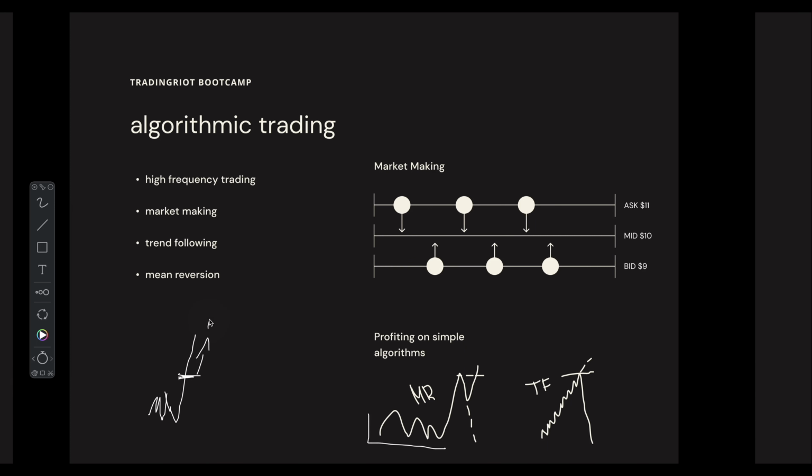So this is where you can essentially benefit from these things, and you will see it later on a footprint and delta and things like that, where you can see where some large entity was forced out of the trade, and you will be able to latch onto it based on that.